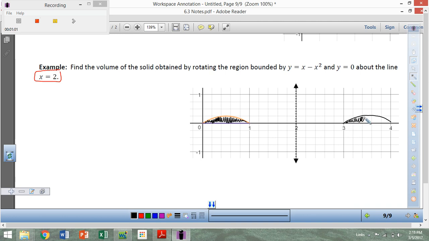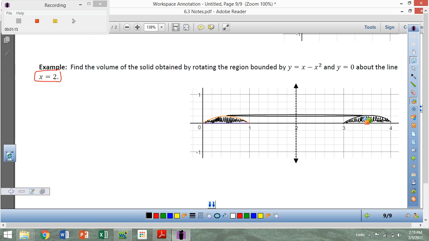And I would get that same exact region over here. We have revolved that all the way around, so we have some kind of three-dimensional shape going on. I'll try to make that look that way the best that I can. It's kind of hard to imagine this. I'm going to make that a little bit skinnier. Okay, so that's what my region looks like.